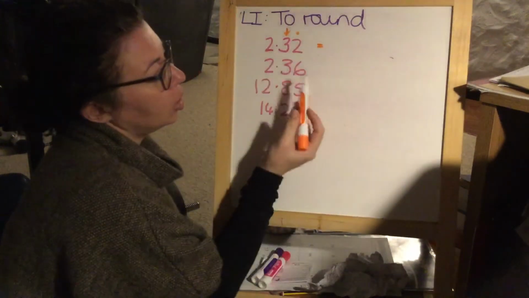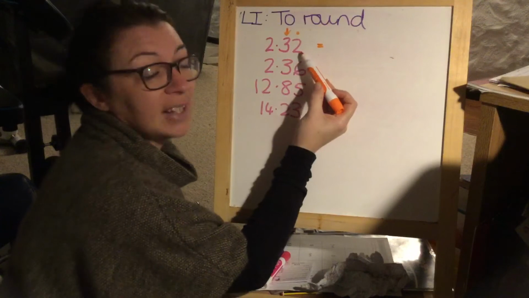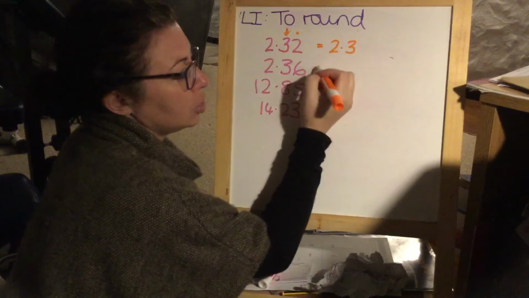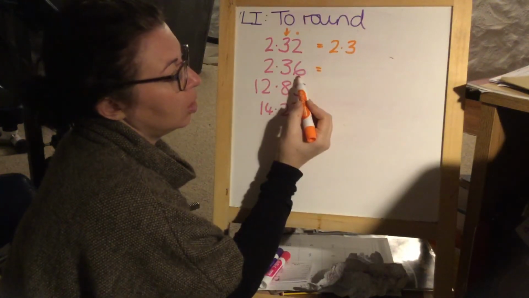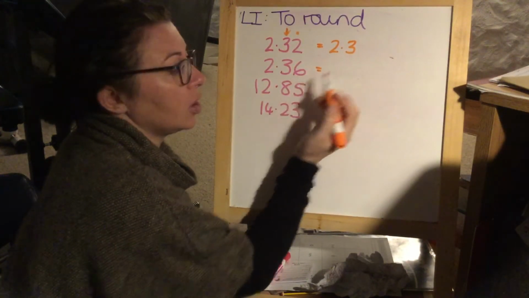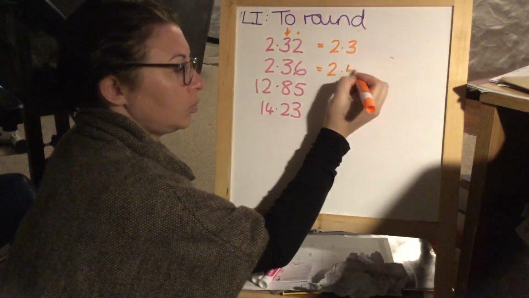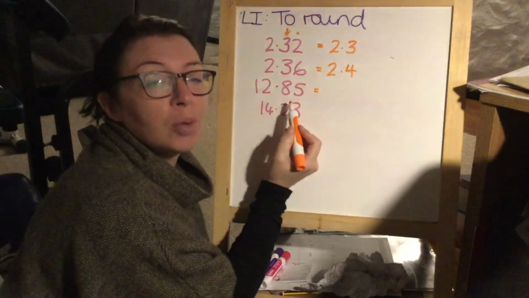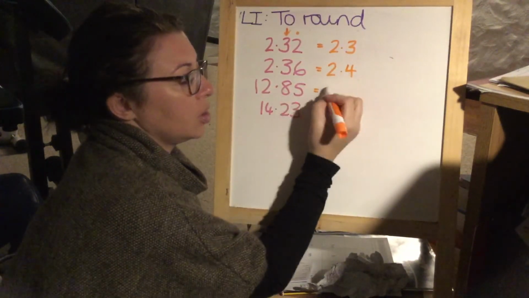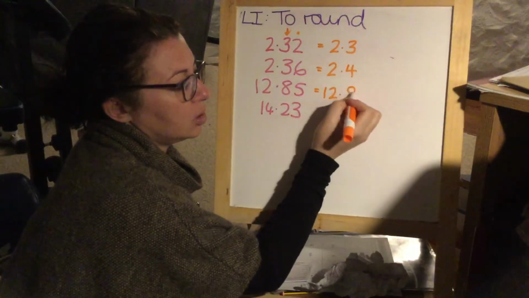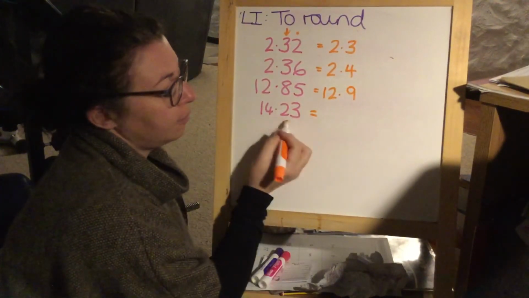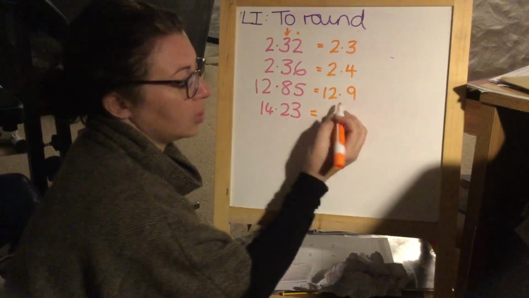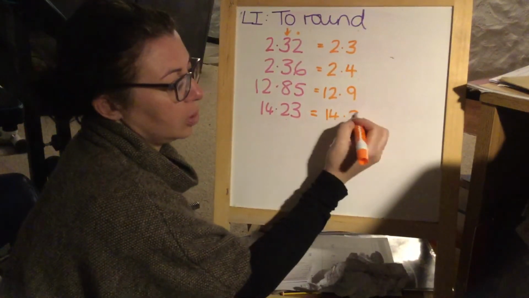So we're looking at this column. 2 is less than 5, so this one would round down to 2.3. 6 is greater than 5, so this one would round up. 5 is the midpoint, but we always round 5 up, so that becomes 12.9. And 14.23, we are looking at the 3, which is less than 5, so it would round down to 14.2.